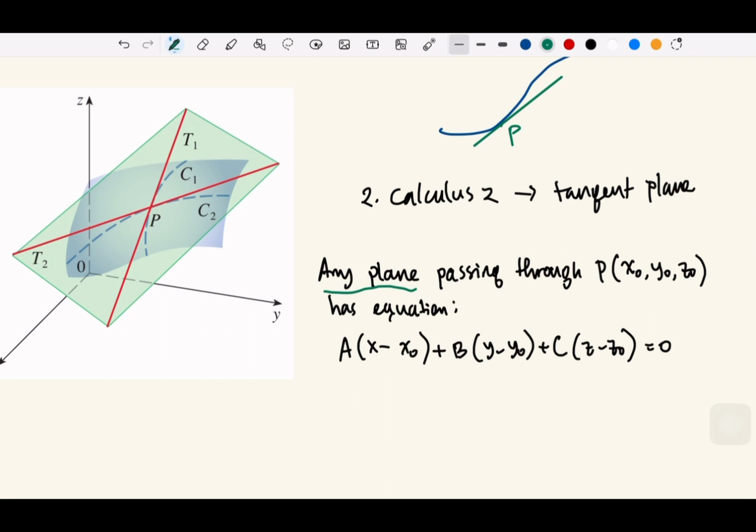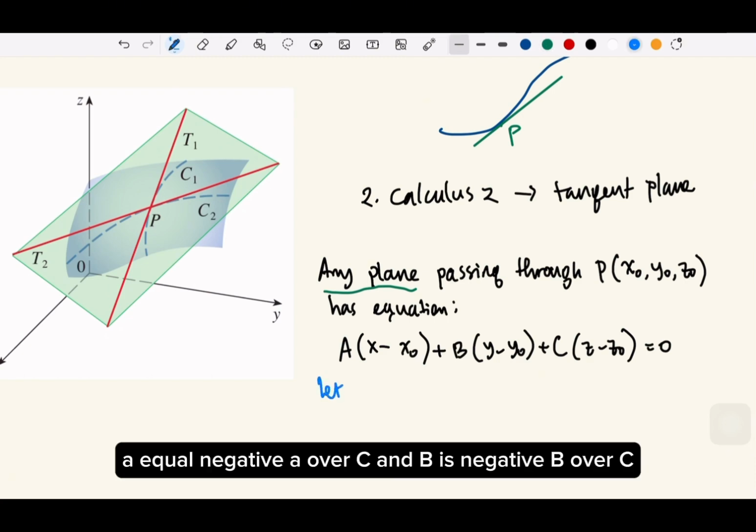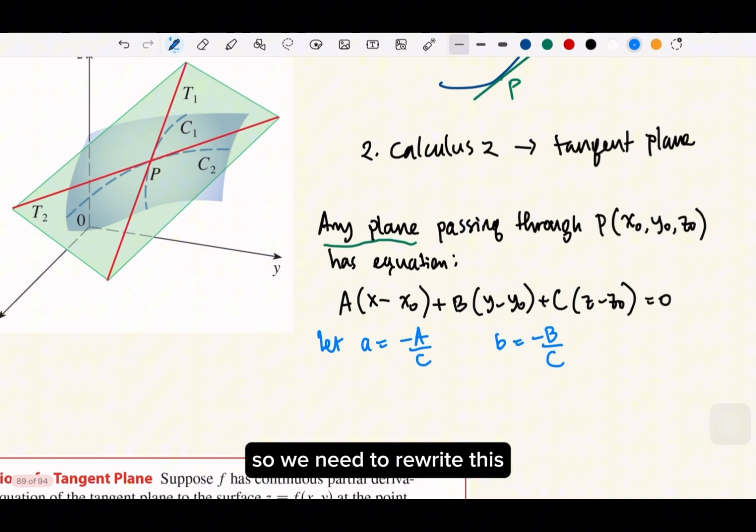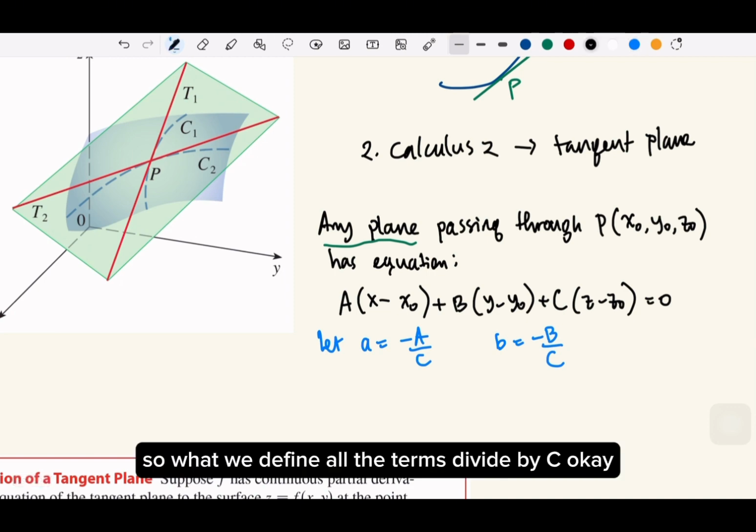And then let A equal negative A over C and B equal negative B over C. So we need to rewrite this. We divide all the terms by C, okay.